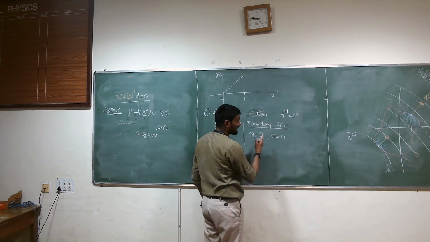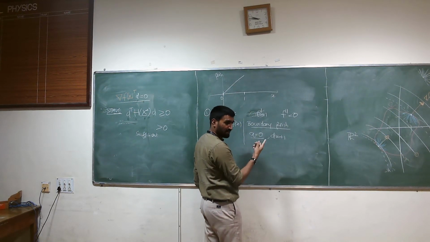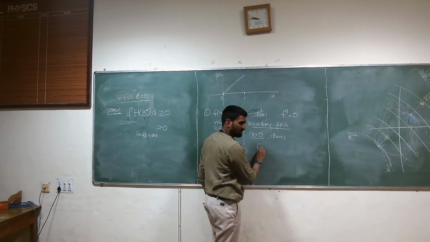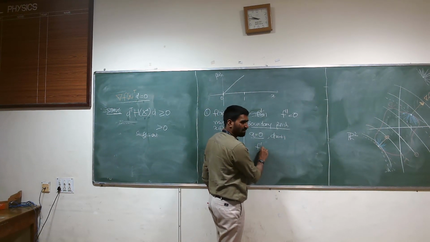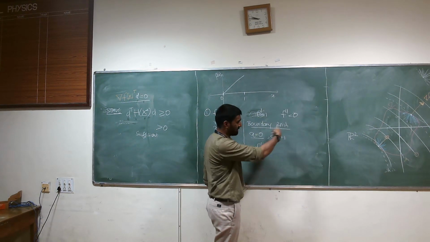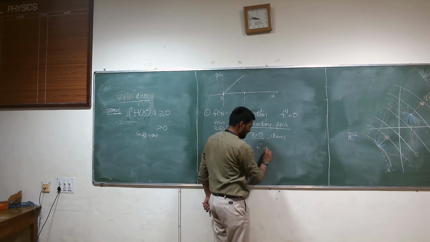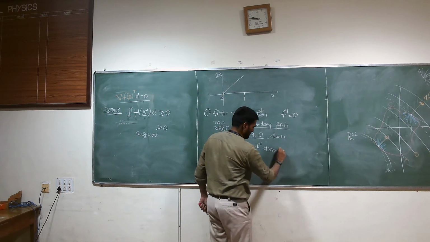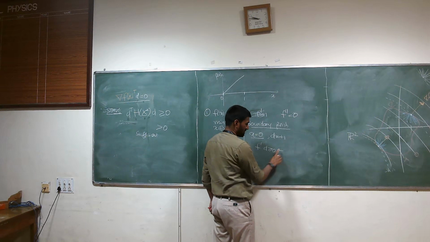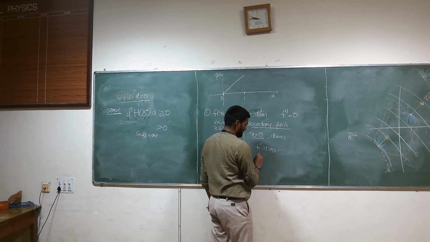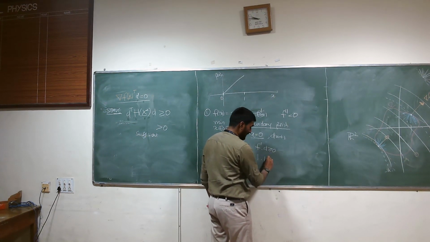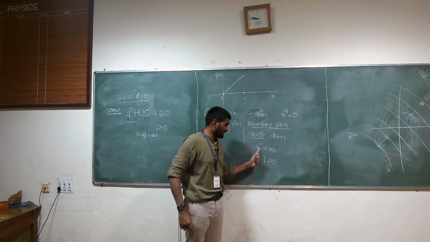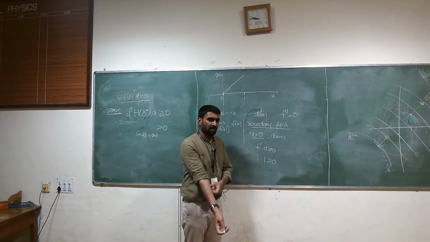Now, what is the first order condition for checking if a point is a minimum? f dash times d. The inner product is simply scalar multiplication here because we are talking about 1D. This is 1 multiplied by 1. This is in fact greater than 0. That means we are done. This is a minimum, because the inner product is greater than 0.